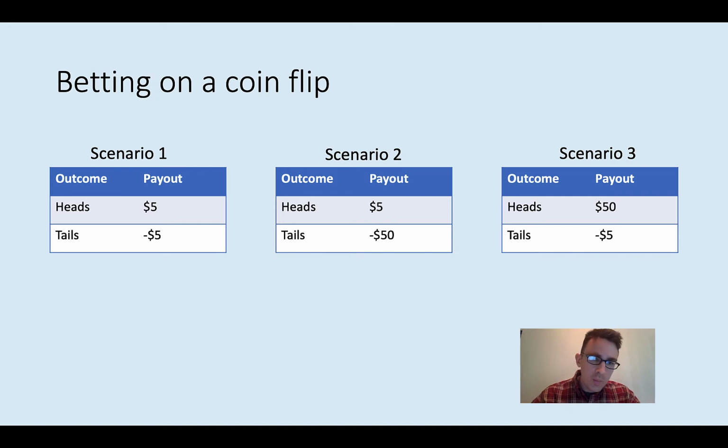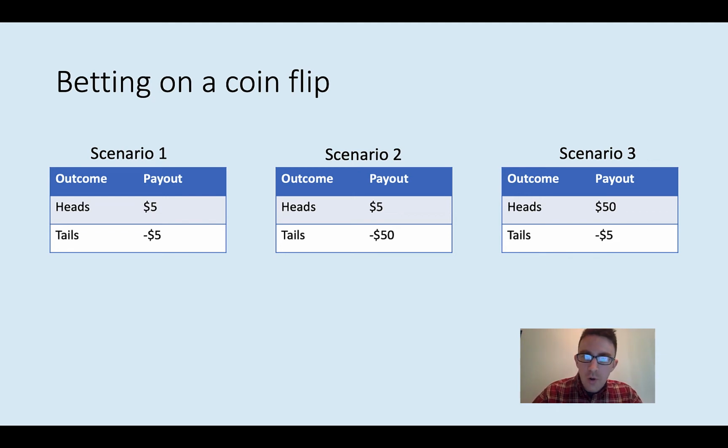Before we talk about expected value, just think to yourself, is this a good bet or a bad bet, or is it a fair bet that's kind of neutral? Now a second scenario: if it turns up heads, you win $5, and if it turns up tails, you lose $50.